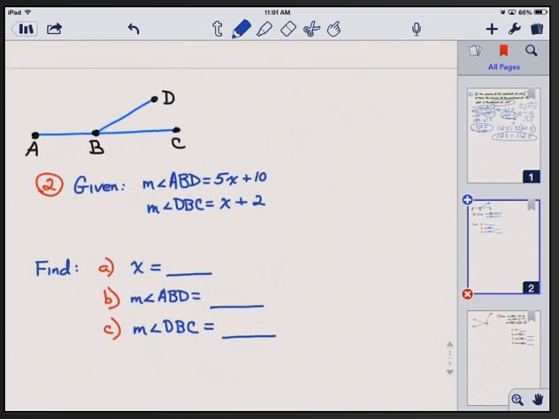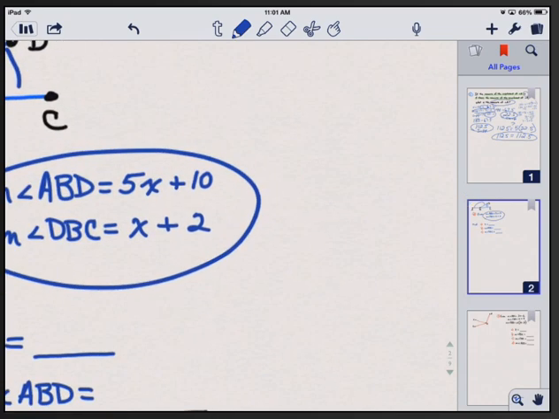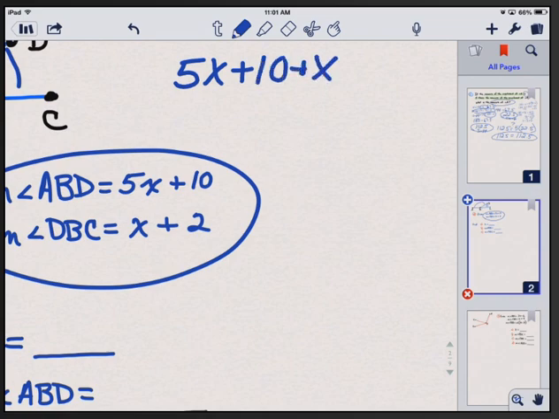Now we want to use the angle addition postulate because we have 2 adjacent angles. Angle ABD is adjacent to angle DBC. So because they are adjacent and supplementary angles, that gives us our equation. The first angle, 5x plus 10, added with the angle next to it, has to total 180.